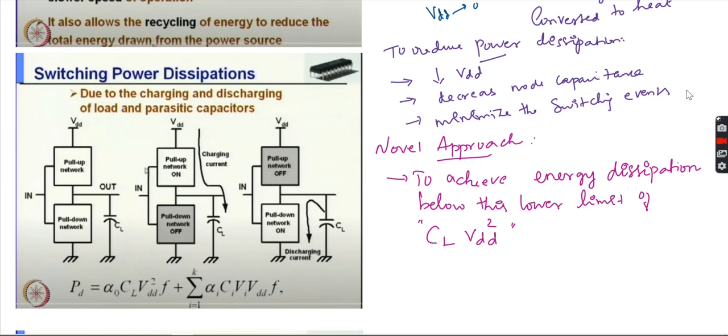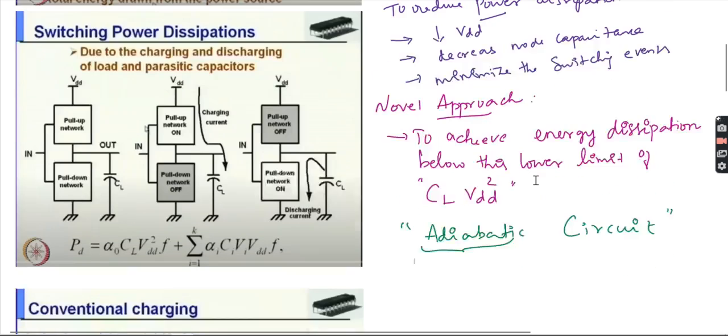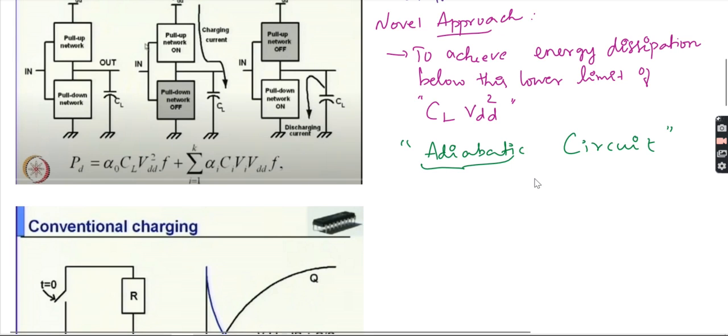So how can it be done? This can be done with the help of a new class of circuit, which is known as adiabatic circuit. Here we need to know what adiabatic refers to. It is a new term.